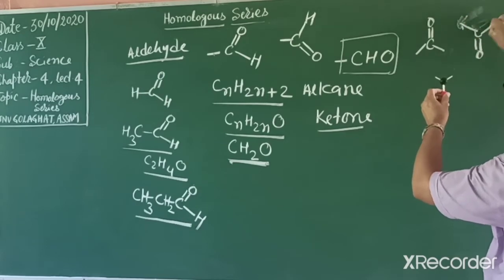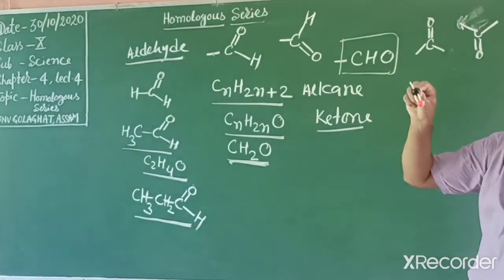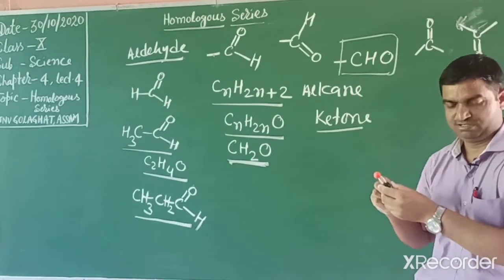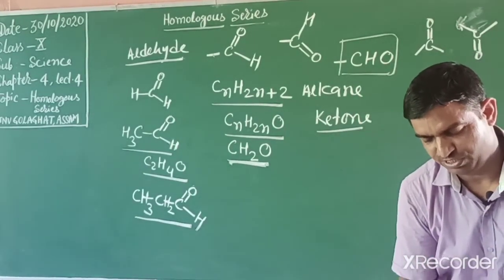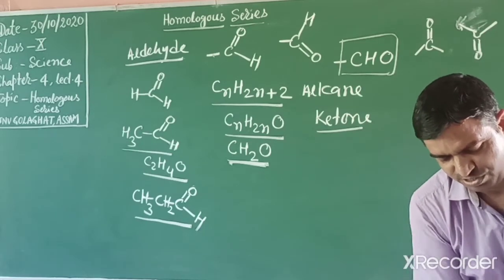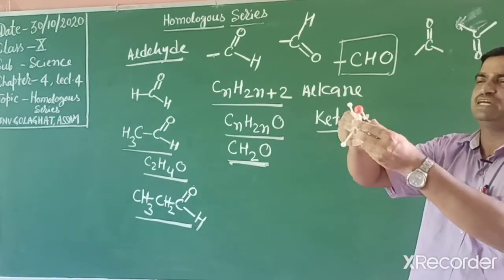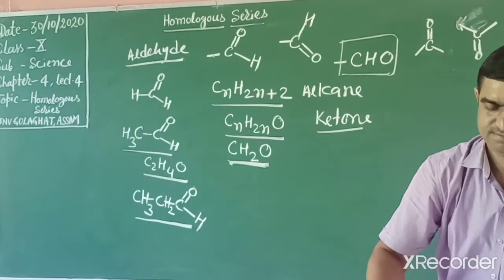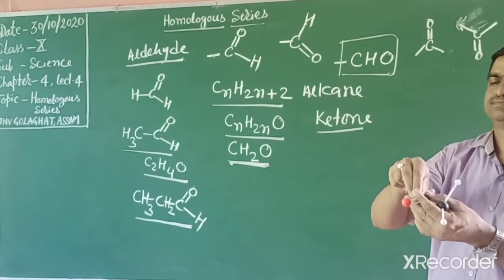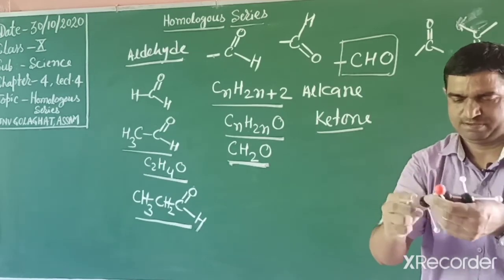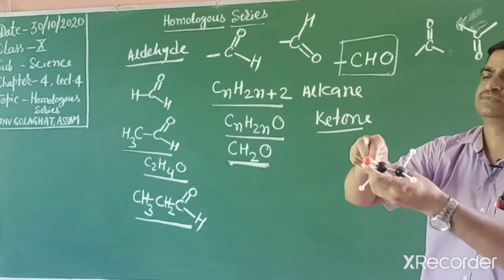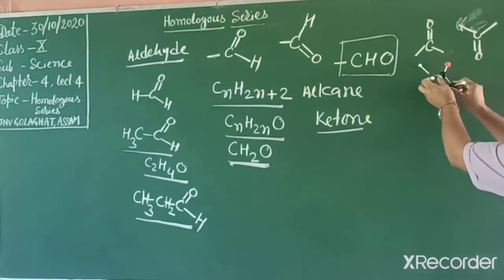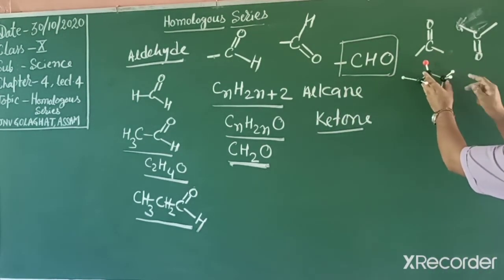Means both sides must be attached. If you write hydrogen, then it's converted into aldehyde. So the first member of ketone requires at least 3 carbon.